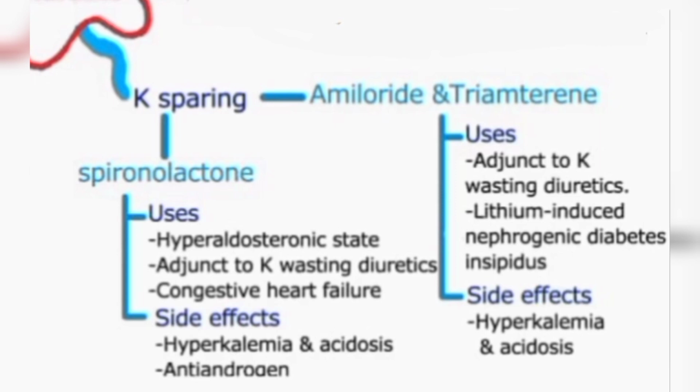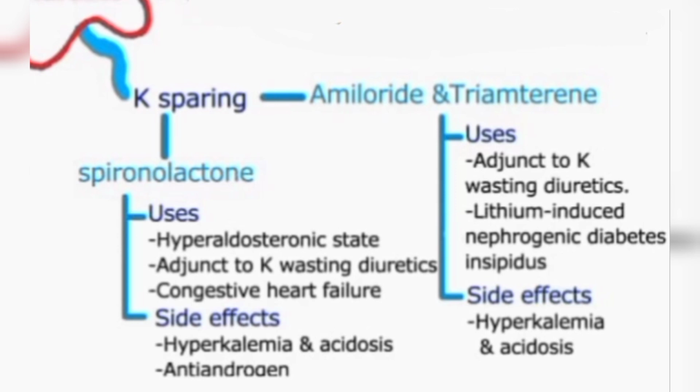When you look at amiloride and triamterene, they are organic bases that lack a sulfonamide group, directly interfering with sodium entry through the epithelial sodium ion channels in the apical membrane of the collecting tubule. Since potassium secretion is coupled with sodium entry in this segment, these agents are also effective potassium-sparing diuretics.